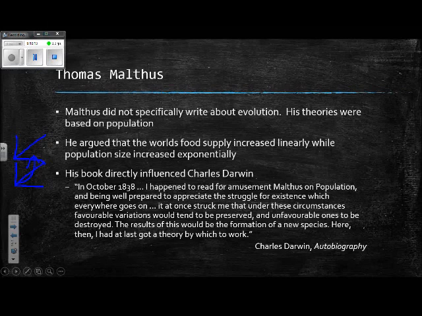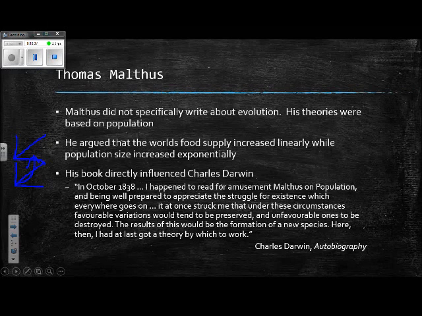In October 1838, I happened to read, for amusement, Malthus on population, and being well prepared to appreciate the struggle for existence which everywhere goes on, it at once struck me that under these circumstances, favorable variations would tend to be preserved. The unfavorable ones would be destroyed.